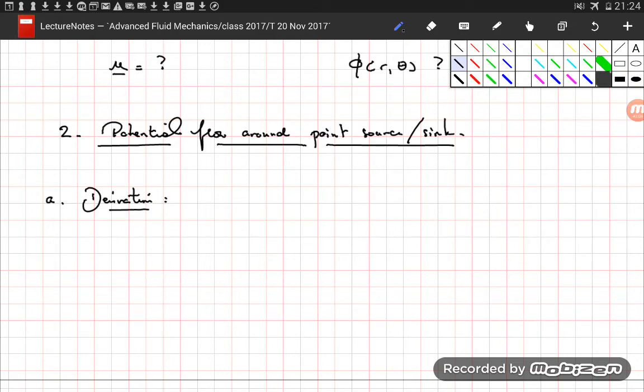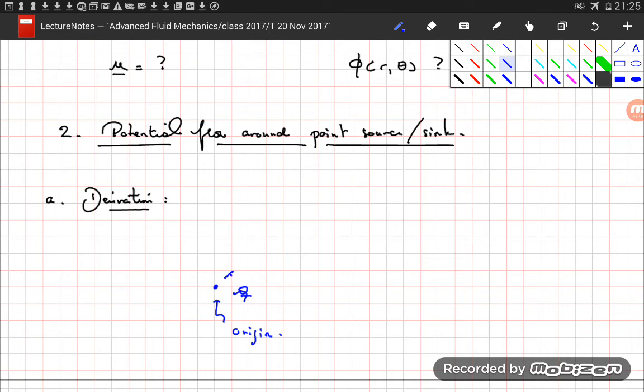So let's assume that we have the following. We have a point, let's say at the origin for now. And we have a volumetric flow rate Q coming out of this point. This is weird, but imagine you have a point in 2D, and out of this point flow starts to be created, and volume just comes out of this point.